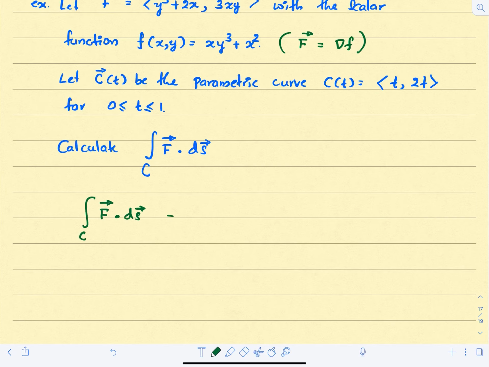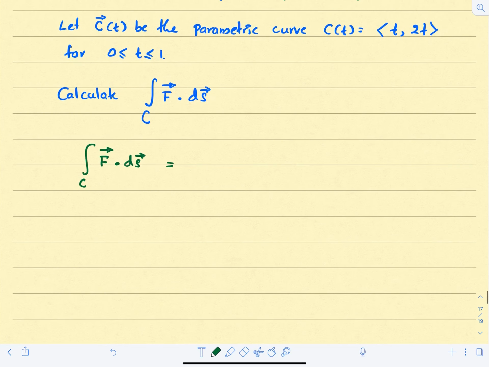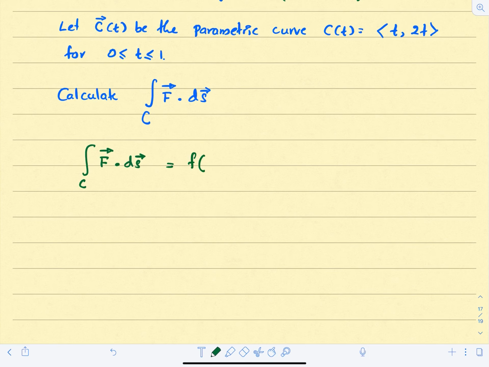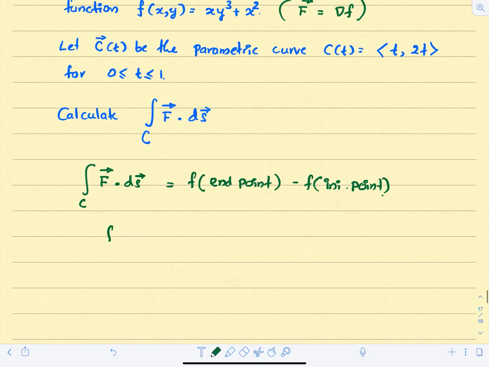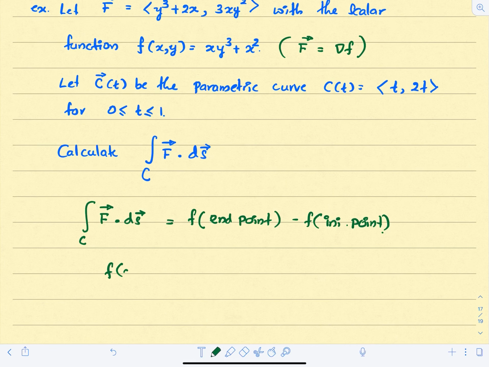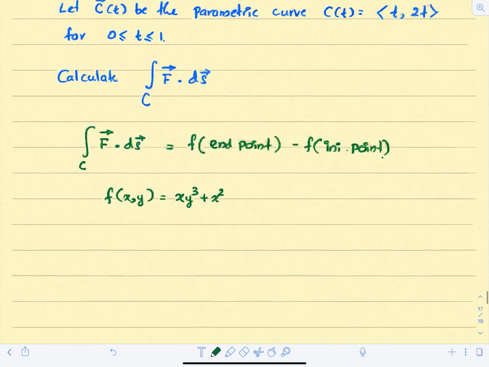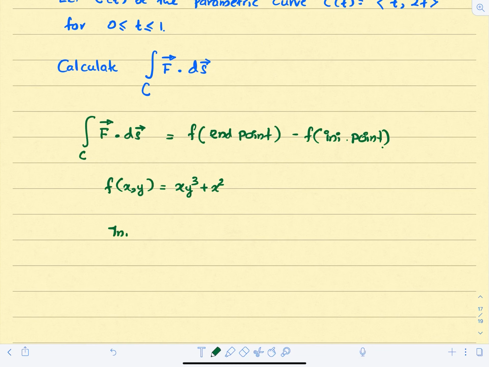The fundamental theorem for line integrals says the value of this line integral equals the function value at the endpoint, or final point, minus the function value at the initial point. Now we know what little f is. Little f equals xy cubed plus x squared. Now we want the coordinates of the initial point and the terminal point, so let's figure out those two things.